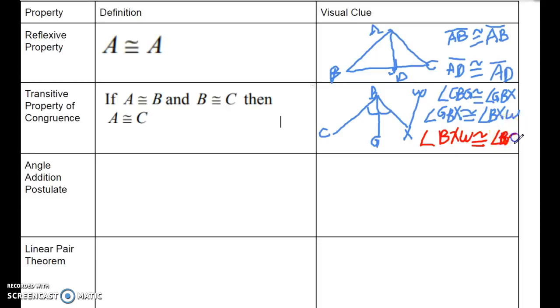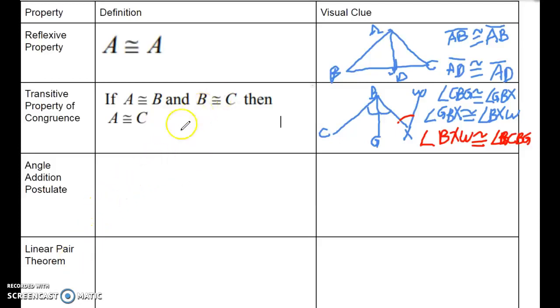So if this is congruent to this, and this second angle is congruent to this third angle, then this third angle and this first angle are also congruent. That's all it's saying. A is congruent to B, and B is congruent to C, then A is congruent to C.